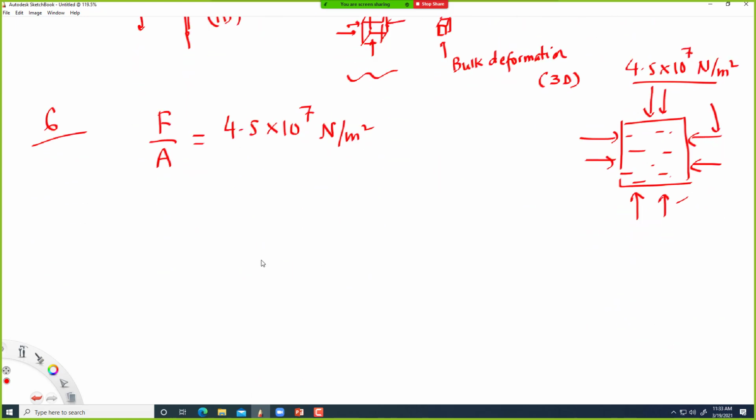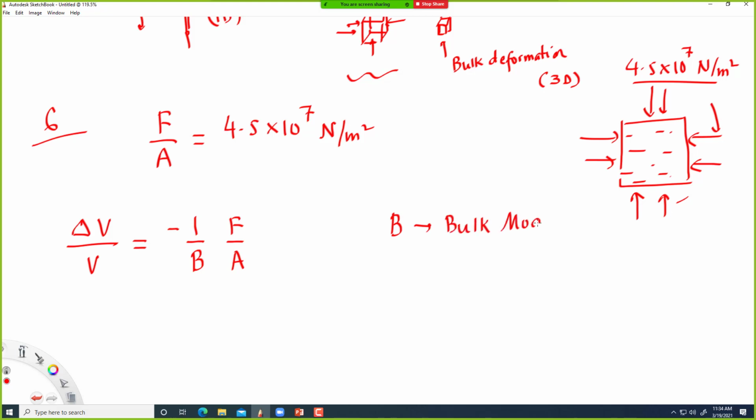So the formula for that is similar to the one we used, but in this case this fractional change is given by minus 1 over B, F over A. So in case of this bulk deformation, instead of Young's modulus, we use something called bulk modulus.